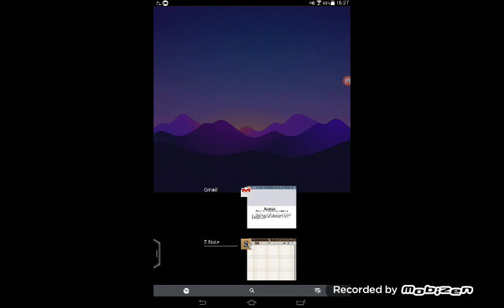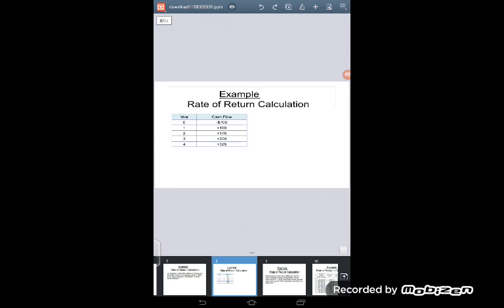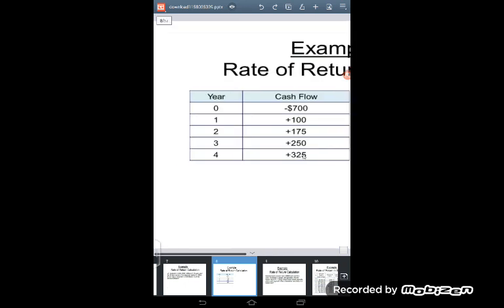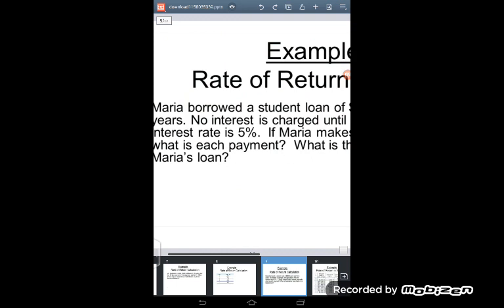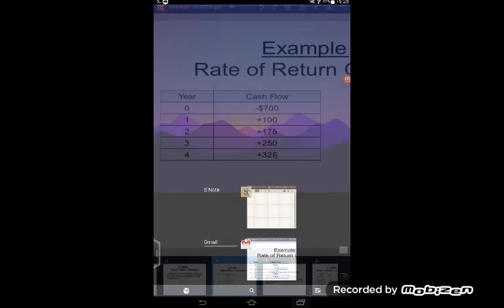When we go back to our slides, let's see another example, which is a cash flow. The first one is 700 paid, the present value is 700. After that, the cash flow is 100 positive, then the second year 175, the third year $250, and the fourth year $325.